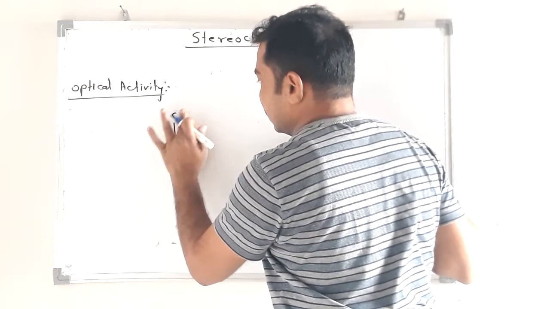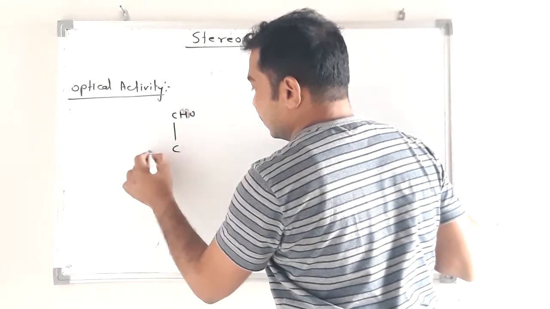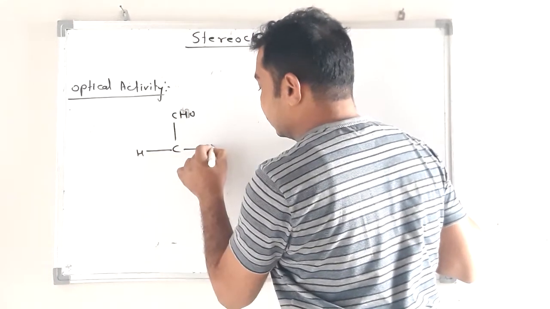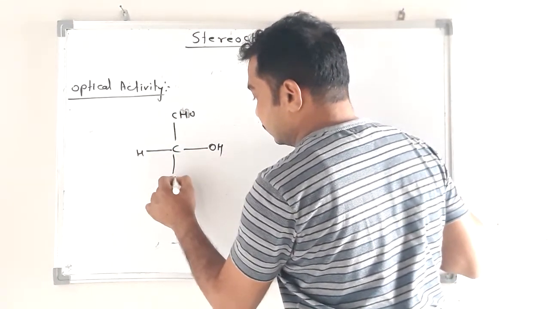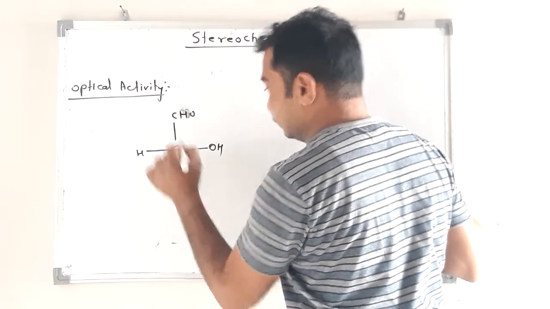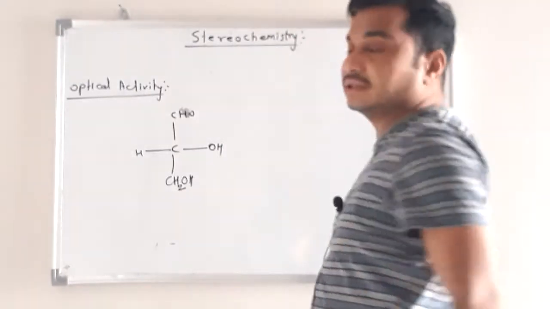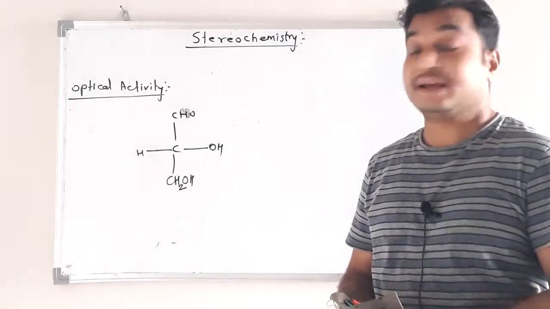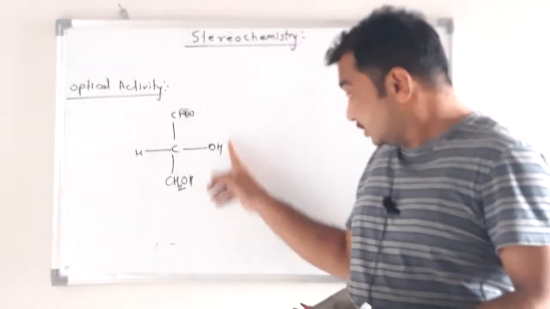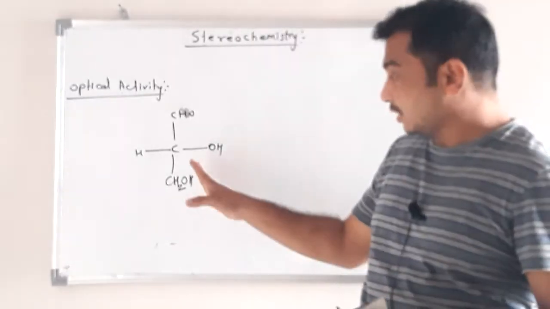For glyceraldehyde. Now, if we pass plane polarized light through the solution of this glyceraldehyde, this is one of the stereoisomers, then that light will rotate.